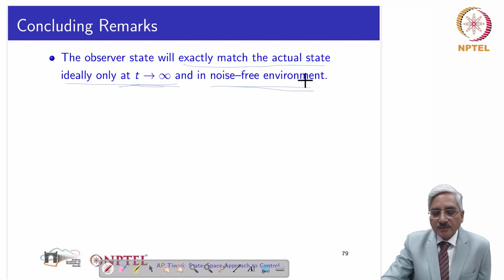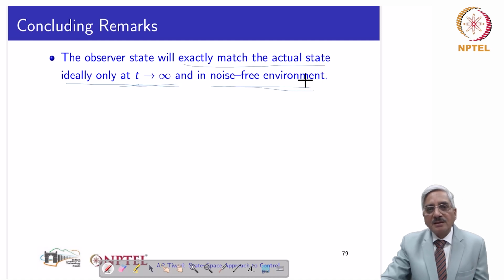And then presence of noise in a practical system is something that cannot be ignored. However, all this treatment, entire observer design, separation principle, everything doesn't consider the presence of the noise.